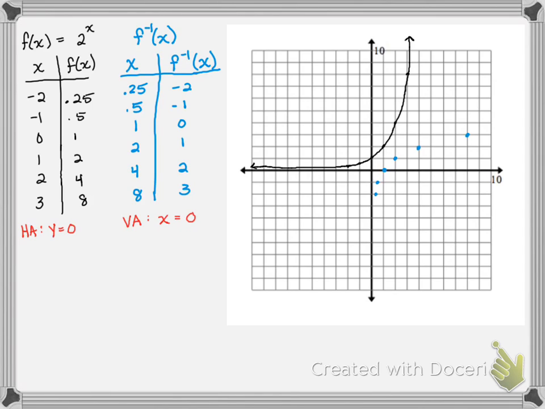So my inverse ends up looking like this. So we get infinitely close to that asymptote, but we don't ever touch it.